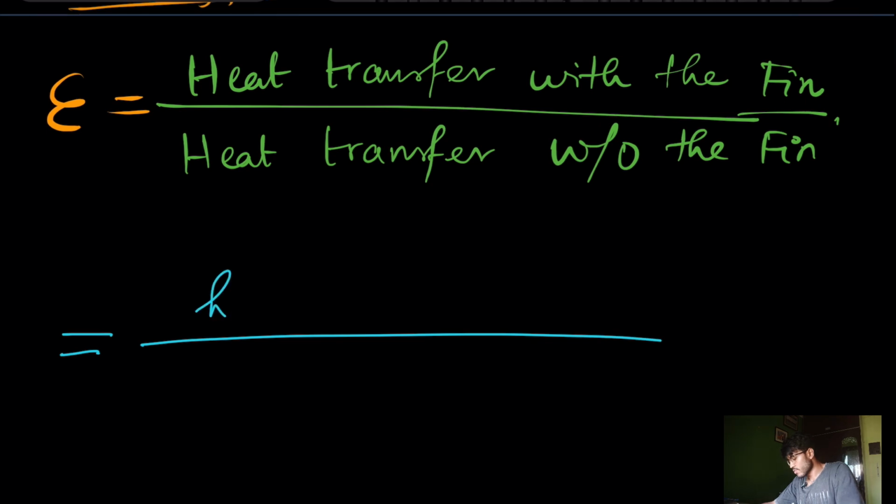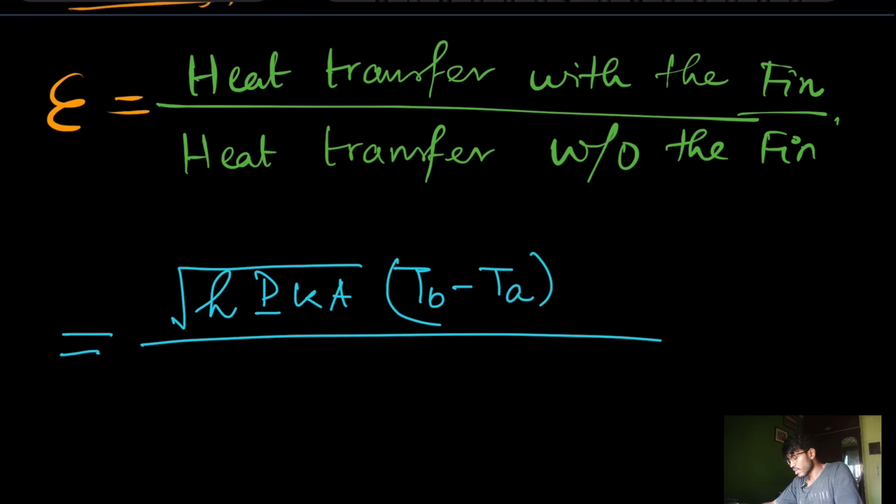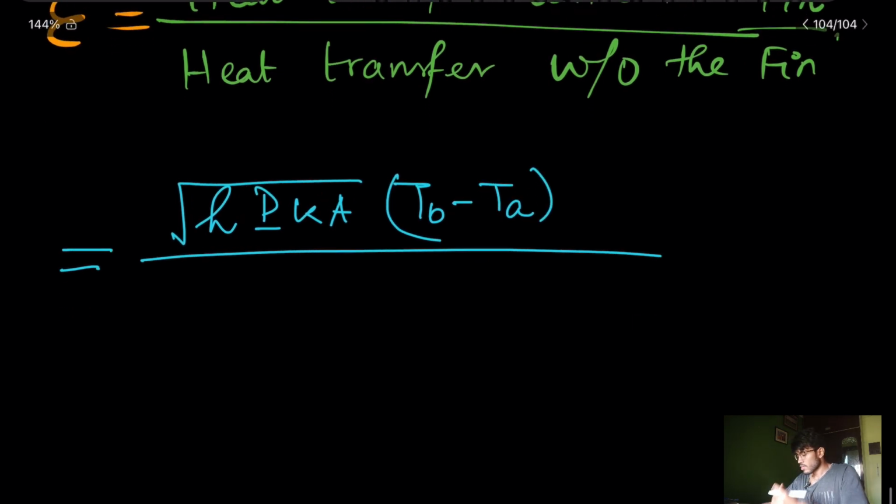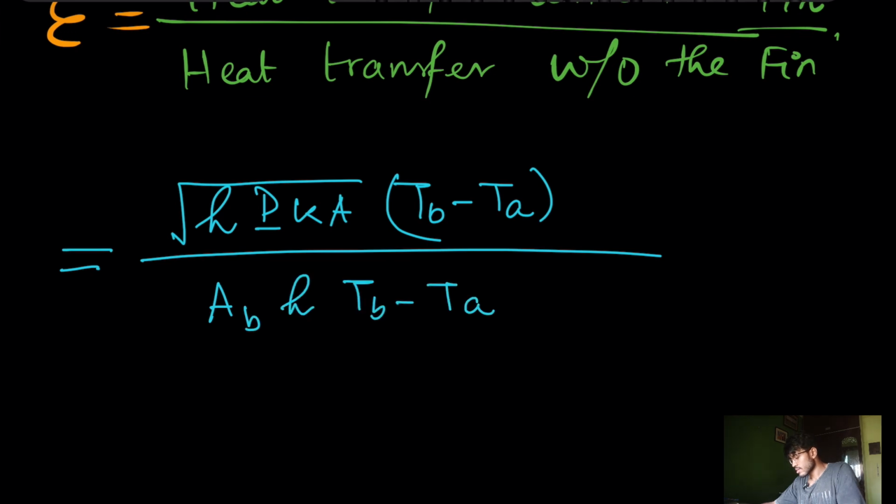Now heat transfer with the fin is root over of HPK into TB minus TA, and heat transfer without the fin is what? That is area of base into H into TB minus TA, right?